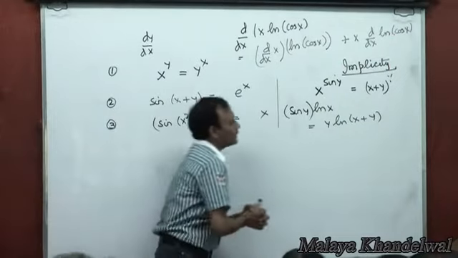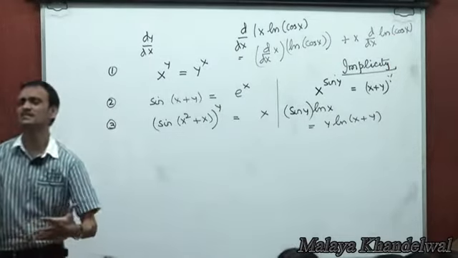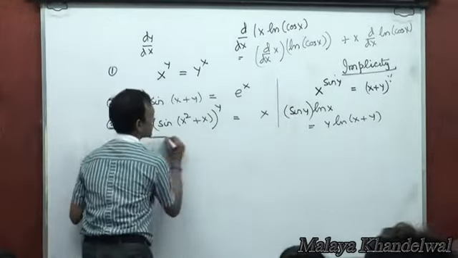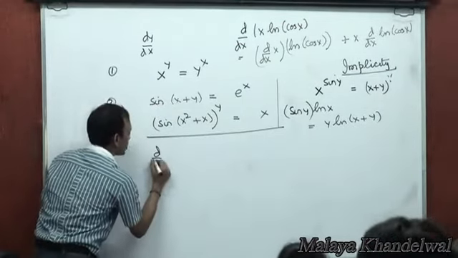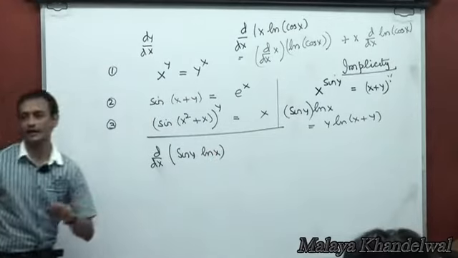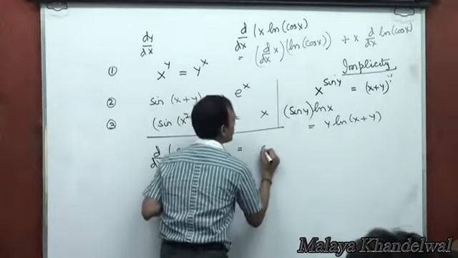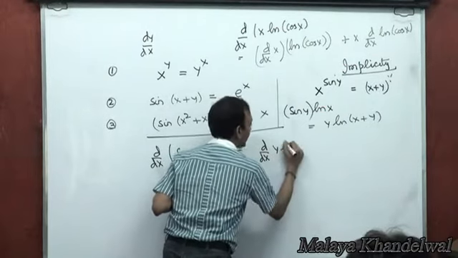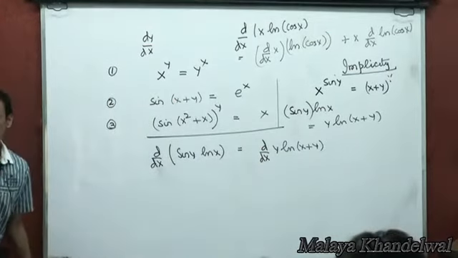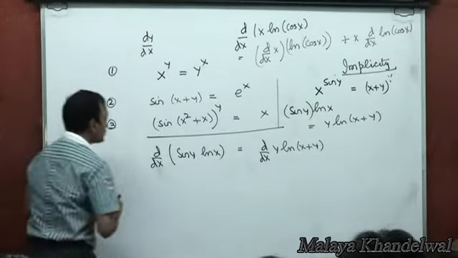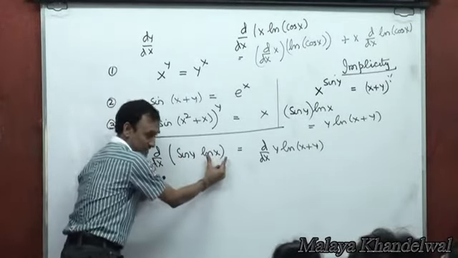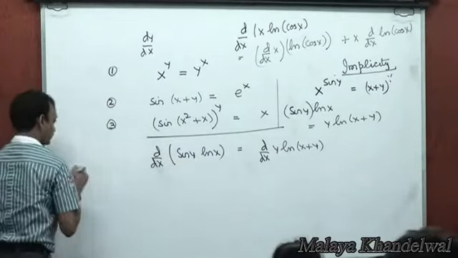Now, in any case, dy/dx is still within reach. Let's attempt to find dy/dx. What we do here is d/dx of sine y ln x, which is d/dx of y ln(x plus y). Now, I'm going to apply the product rule of differentiation. Derivative of this into this plus derivative of this into this.